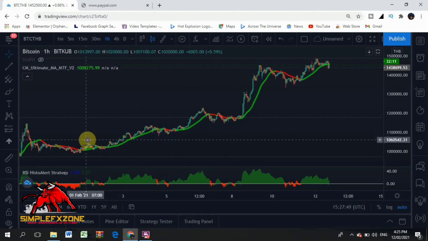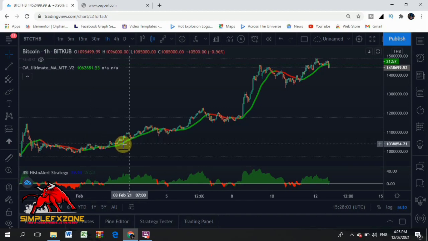The market has crossed the 21 moving average. Your RSI is green already, it's playing in the green zone. You can use this particular RSI, or you can use the normal RSI.